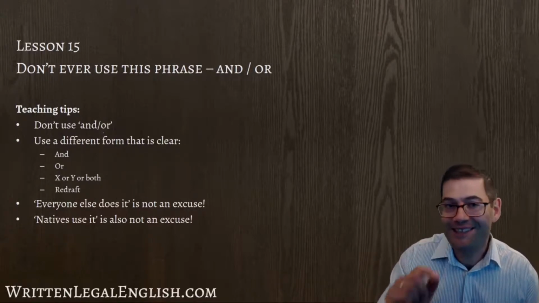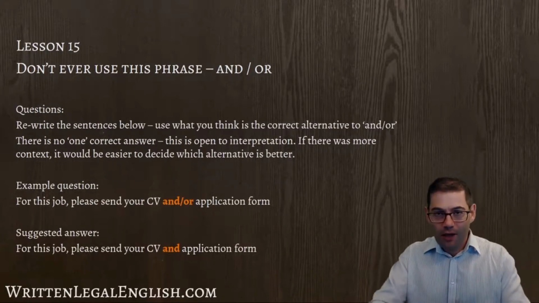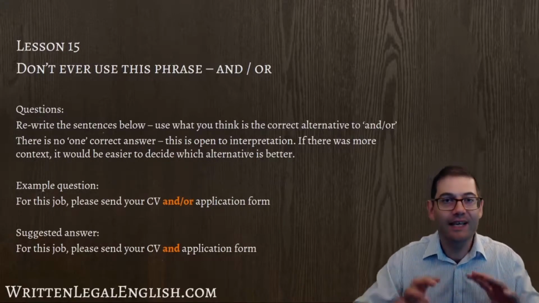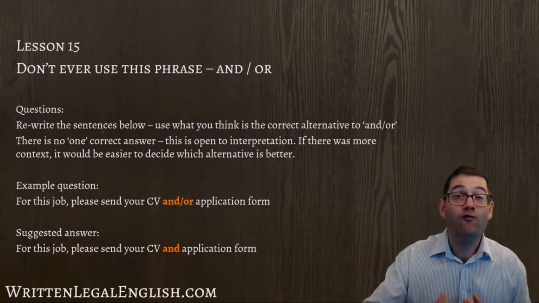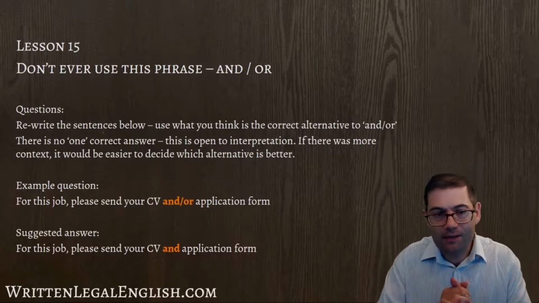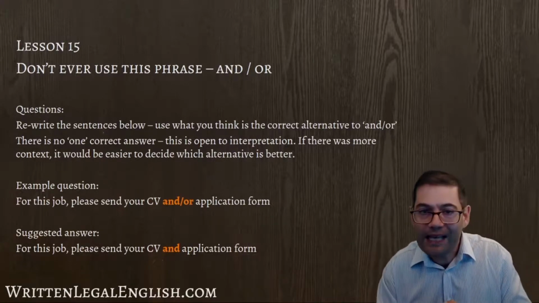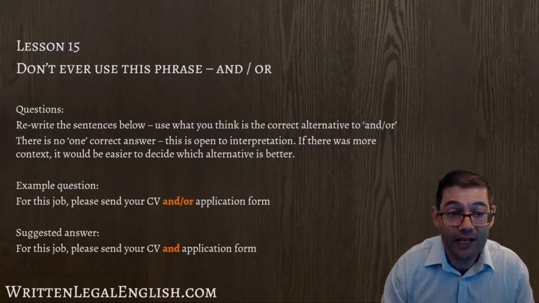Don't make this mistake. Okay, so now it's time for some questions for you to redraft these and/or clauses. And this is simply just to help you identify the problem and redraft the problem. So, rewrite the sentences below. Use what you think is the correct alternative to and/or based on the context that you can read.